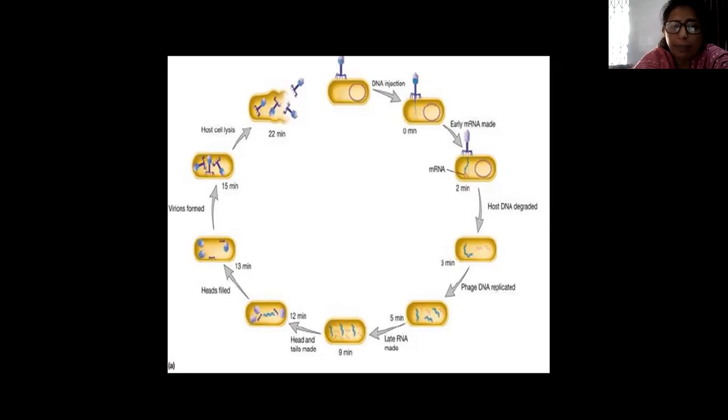In the 15th minute, the virions are formed, or assembled: head, tail, and tail fibers. From the 15th to 22nd minutes, the lysozyme enzyme is secreted, and it takes about 5 to 7 minutes to lyse the bacterial cell wall, and the release of virions takes place.